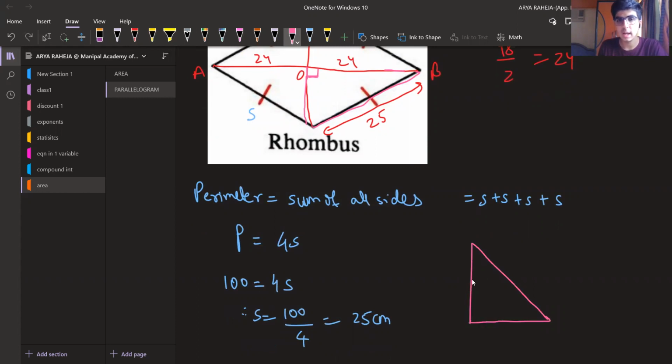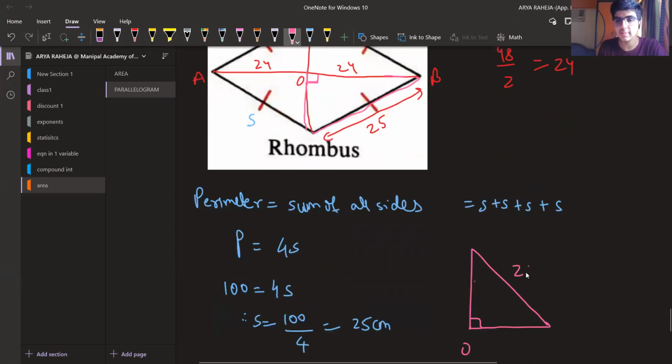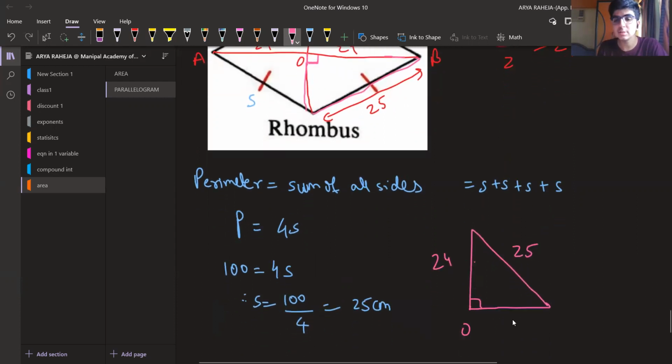And this is O point, this is the 90 degrees. देखो ये side का length is 25, and this height of it ka length, if we are turning this triangle like this, will be 24, and this we'll assume to be some x, ये पूरे base का length.